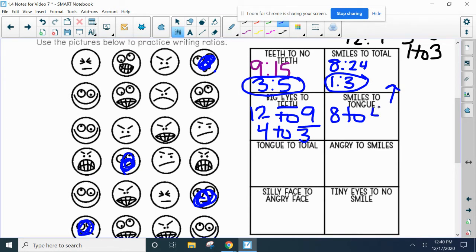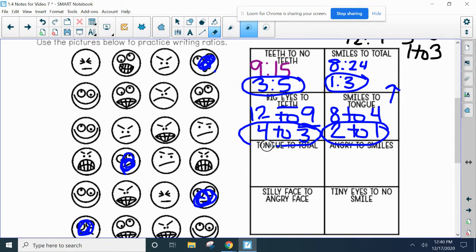And that's it. I have 8 smiles to 4 tongues, which I can simplify by a factor of 4. 8 divided by 4 is 2. 4 divided by 4 is 1. So 2 to 1. All right. I'm going to erase this part so you can read it if you're copying notes as we go.